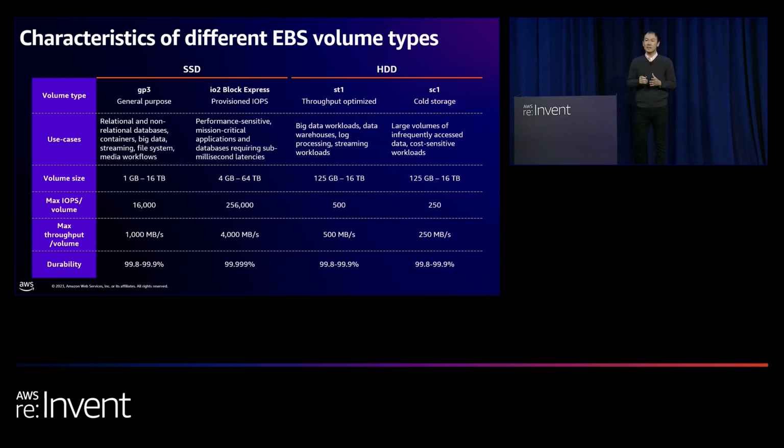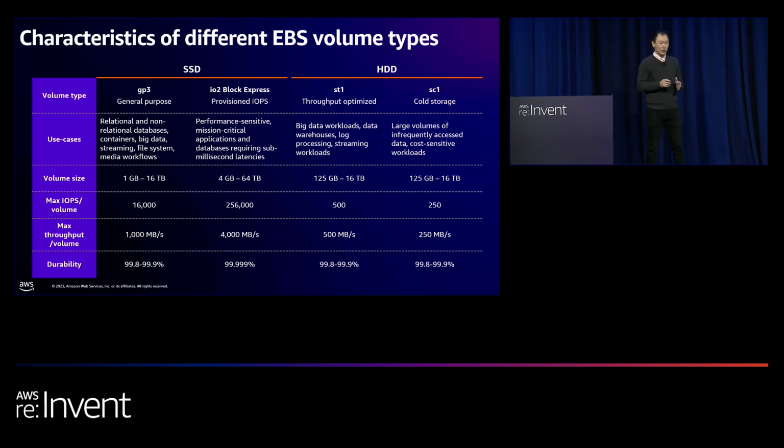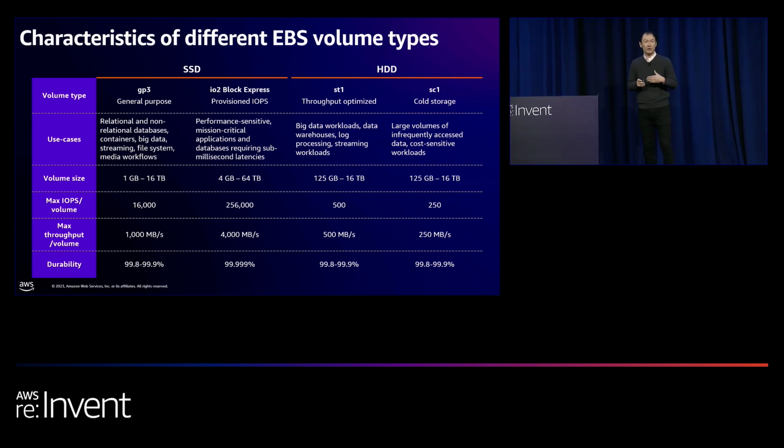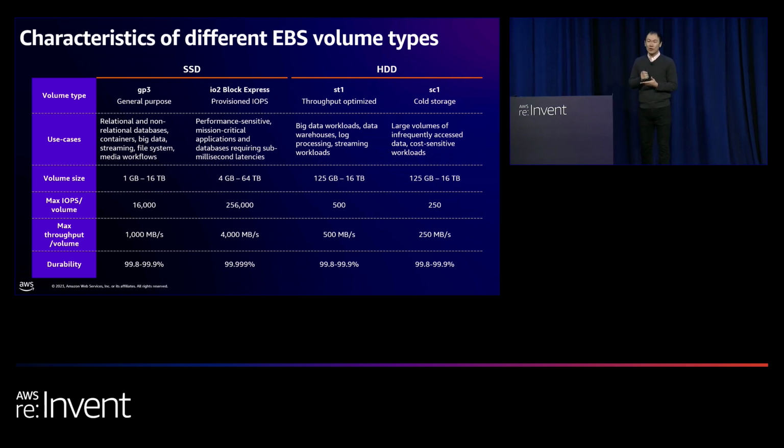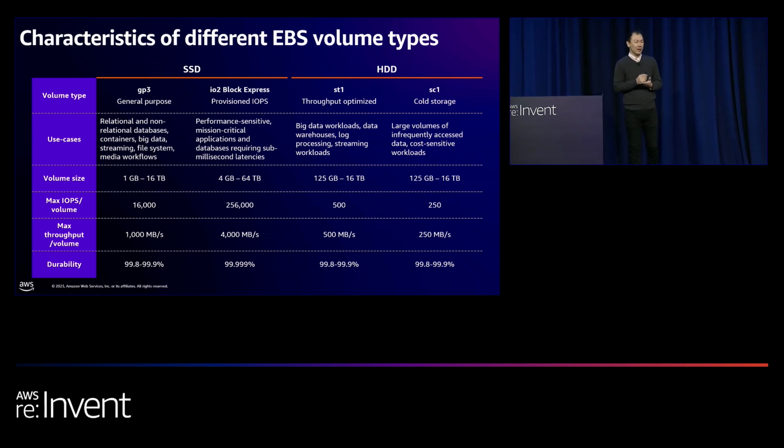Again, if you are more sensitive to the performance, SSD are the products that are right for you, especially if your workload requires flexibility in provisioning IOPS and throughput. GP3 could satisfy most of your needs because it's flexible and it supports provisioning up to 16,000 IOPS per volume or 1,000 megabytes per second. Do run your mission-critical workloads on IO2 Block Express, which has much higher performance, sub-millisecond latency, and, what is more important, 5 nines durability.